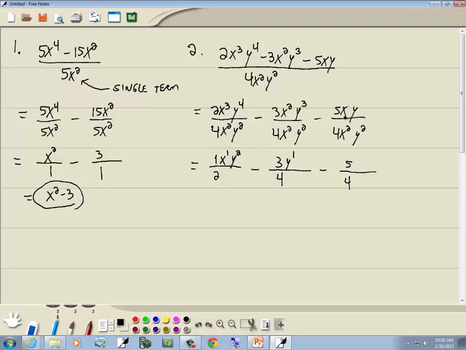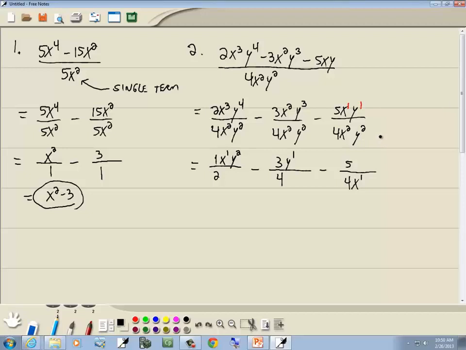Now here we have x, and if you just have x, that's like the first power. So if I put a power on them, this would be the first power, and this would be the first power. So we have x to a power over x to a power. We subtract the exponents, smaller from larger. 2 minus 1 gives us 1, and we have x to the first power where the larger exponent was, on the bottom. Now here we have y to a power over y to a power.